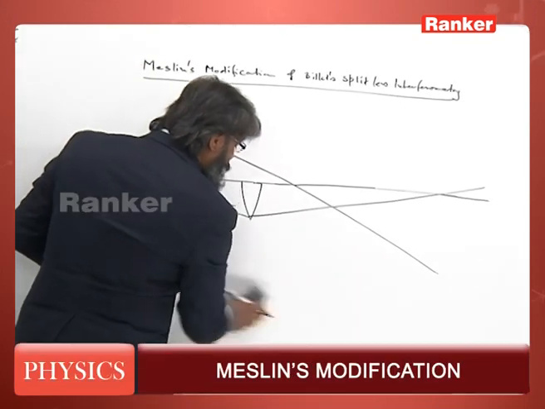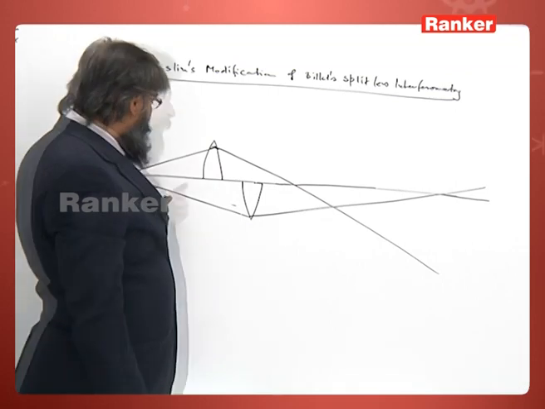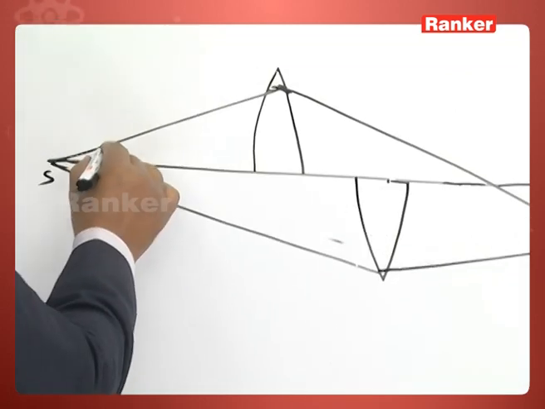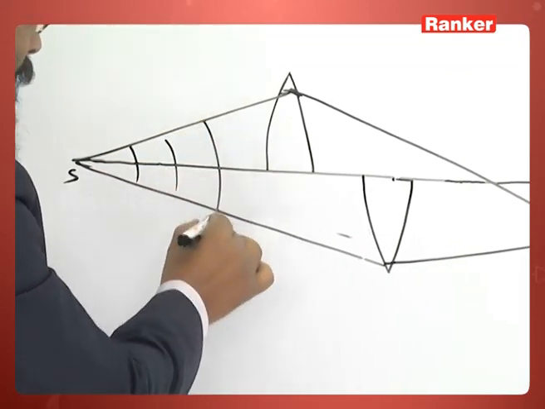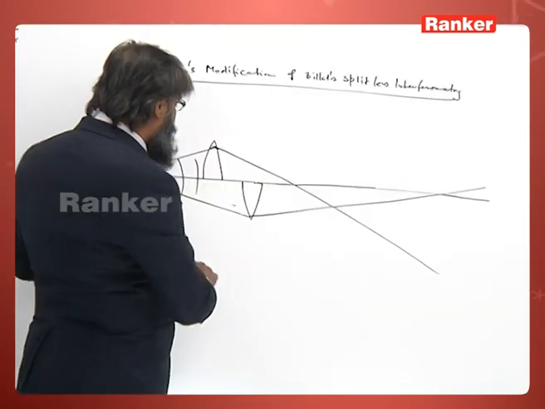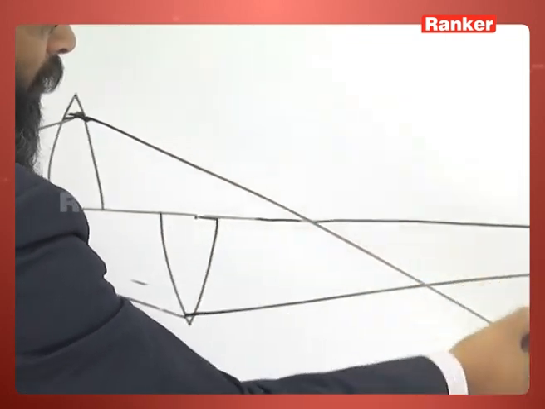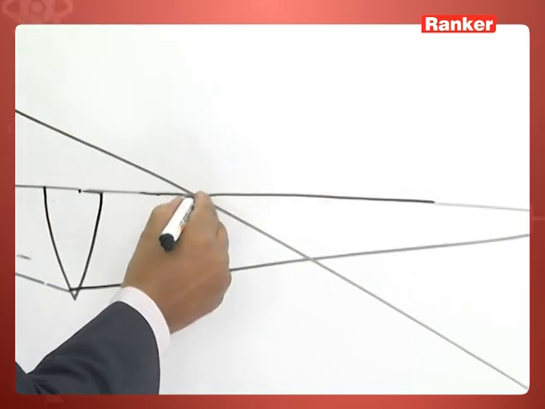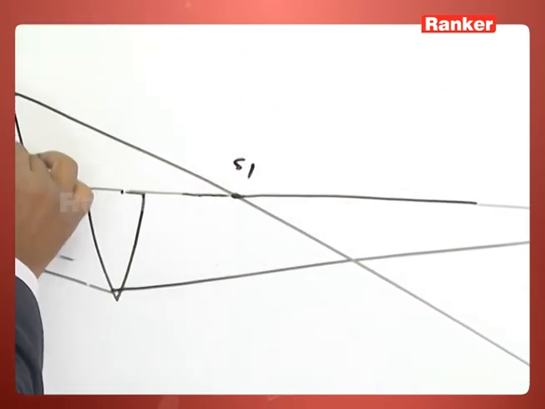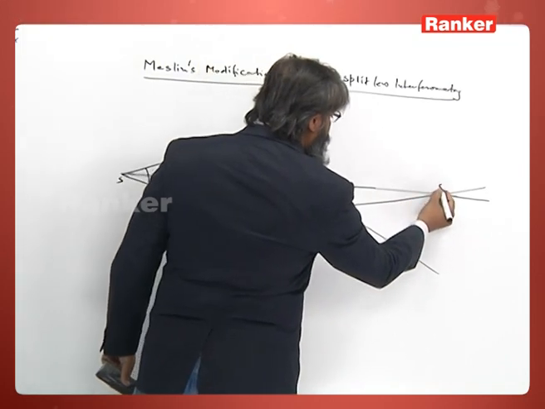Let us see, this is my point source S, and this is my wavefront. Now this wavefront is split into two portions, one due to this lens. This wavefront forms a virtual image due to L1 here, and due to L2, sorry, a real image is formed at S2.